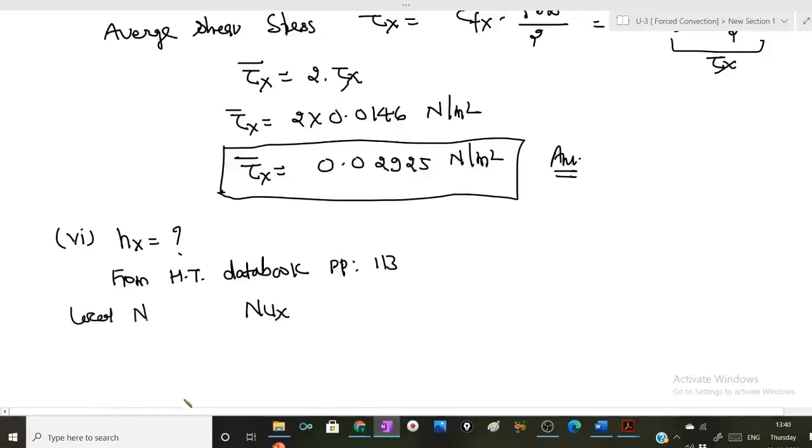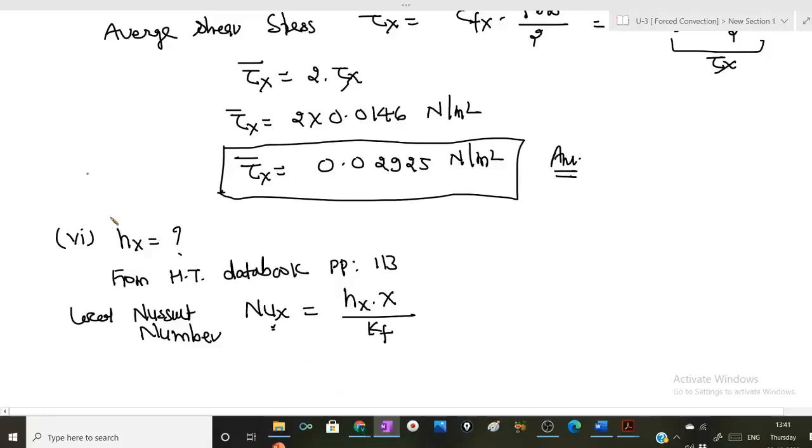In order to calculate local heat transfer coefficient, I have to calculate local Nusselt number, because NUX can also be represented by Hx into x over thermal conductivity of fluid. The x value is 0.3, and thermal conductivity of fluid is known to me from the table. If I calculate NUX, I can get the value of Hx.